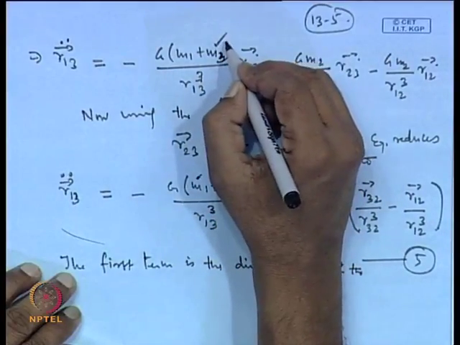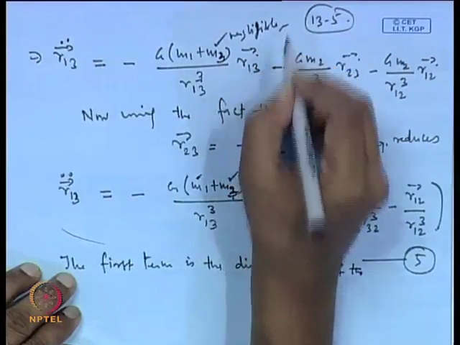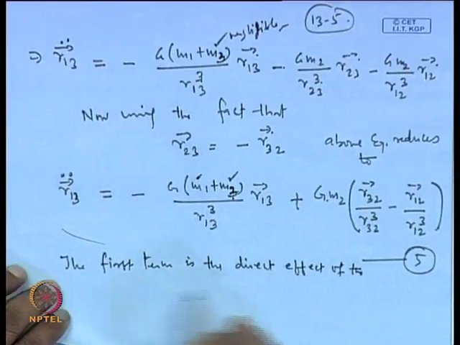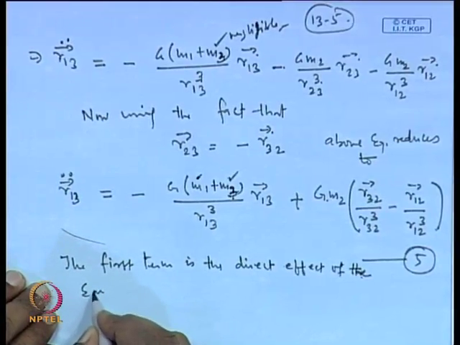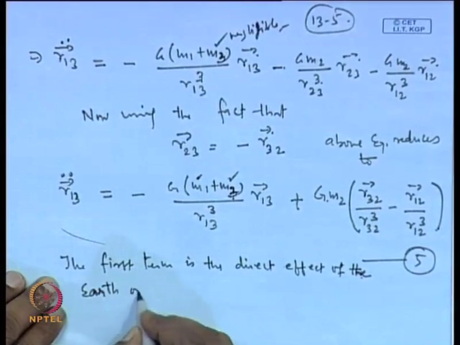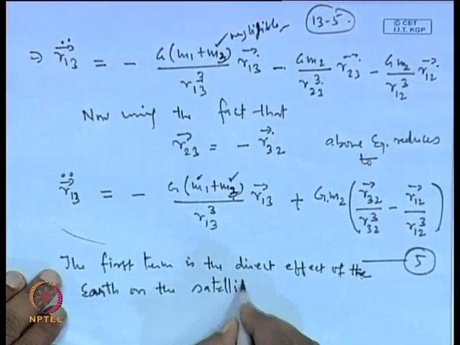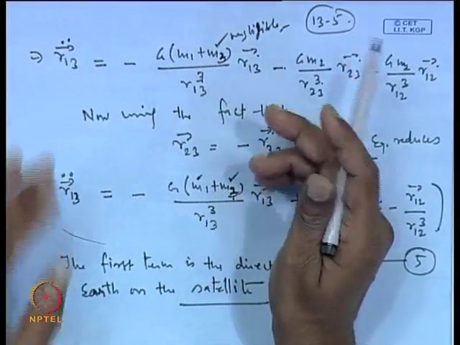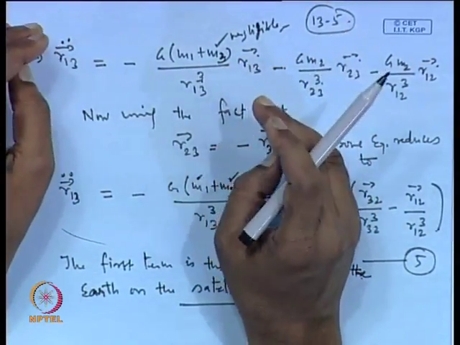So, leaving out only the M1 term here, the first term is the direct effect of the Earth on the satellite. So, this is basically reflecting the direct gravitational effect of the Earth on the satellite.